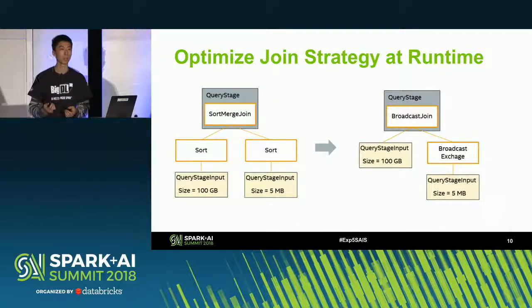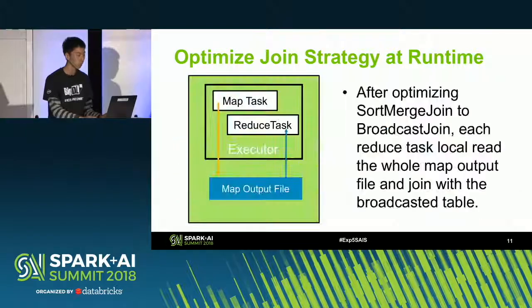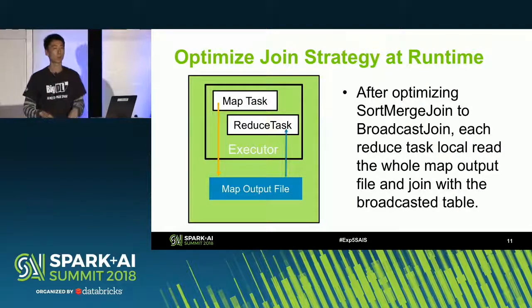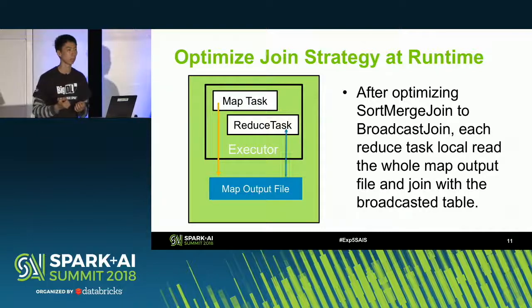Firstly, we need to collect the data to the driver and then broadcast it to all the nodes. After that, for each map output, we will launch one reduce task to locally read the whole map output and then join with the broadcast table.